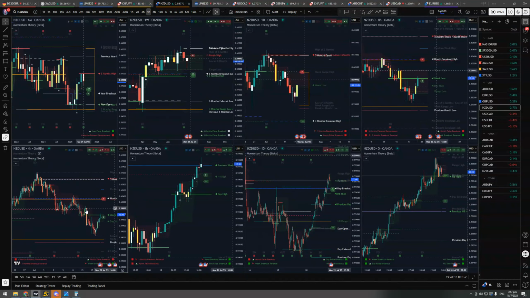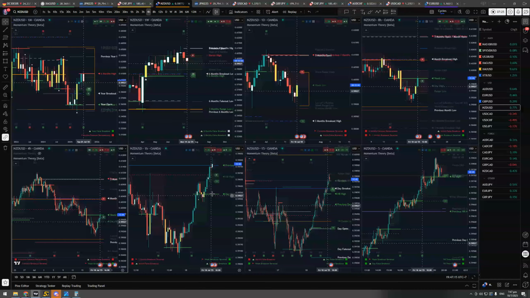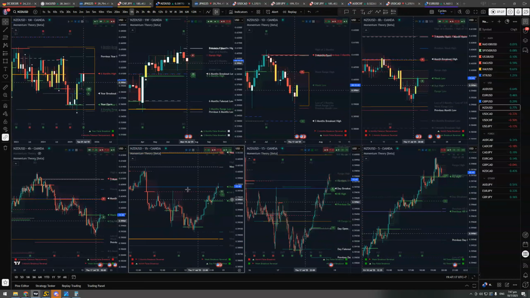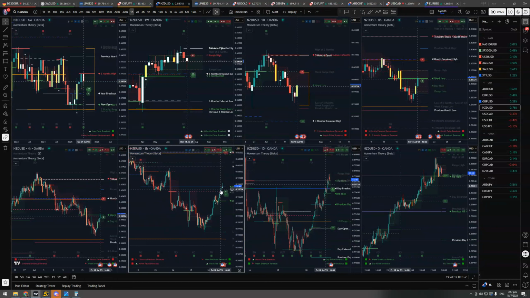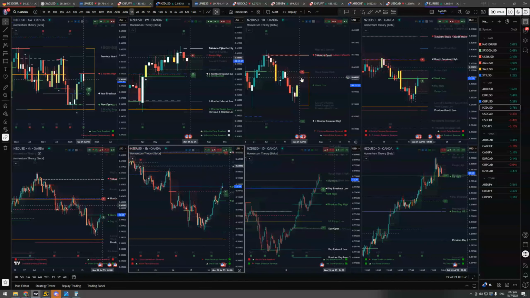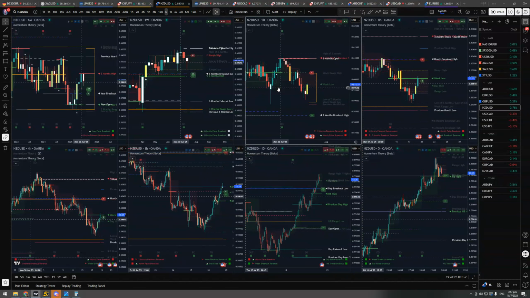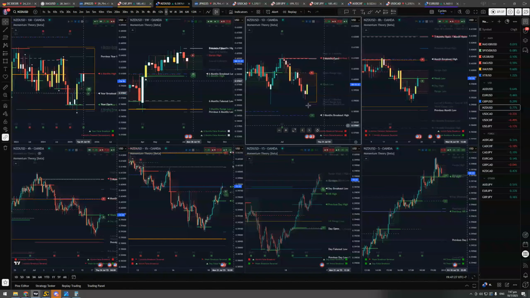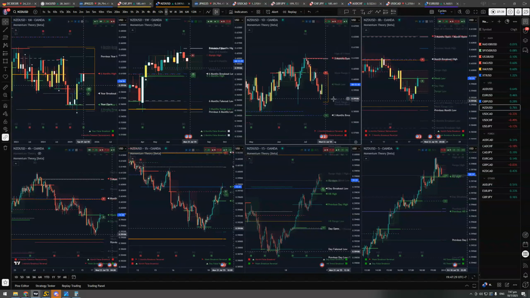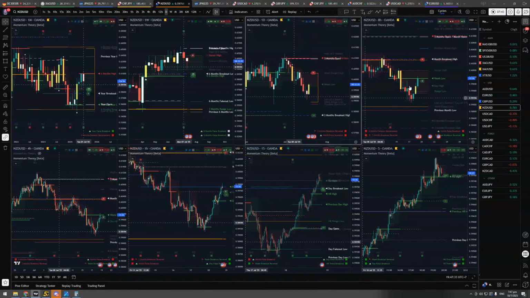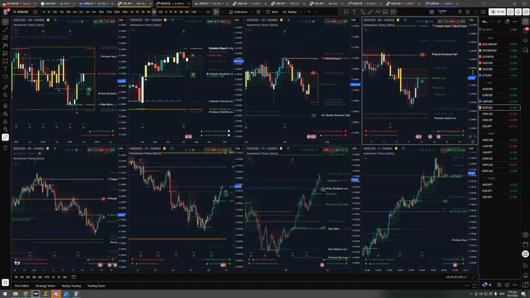NZD USD flipping here at the previous week high. Daily is pushing strong, but we are on breakout reversal and false breakout. I actually like this one. Don't have a signal, but I'll put it on discretionary. Have a look at it again.